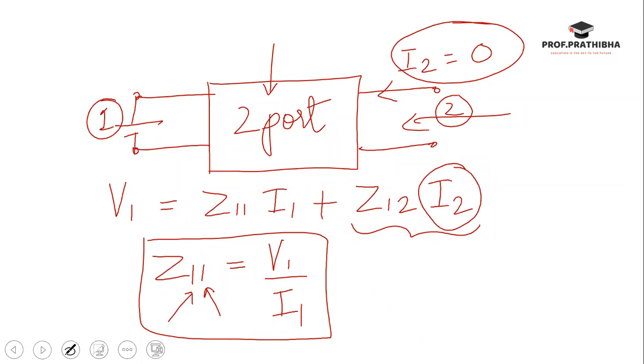it means the input was at 1 and the current was also taken at 1. हमने जो भी कैलकुलेशन यहाँ किया है वो दोनों 1 पे हुआ है. So that's why we call it as Z11. So Z11 is when the output is open circuited. The output is open circuited, matlab this is your output and this is your input.